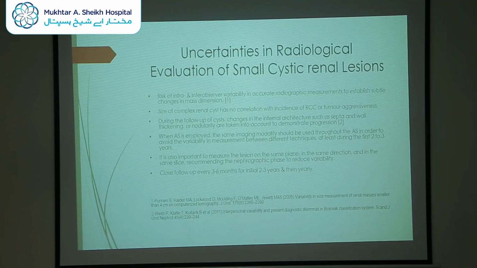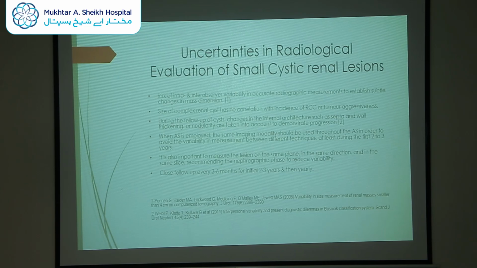Uncertainties in the radiological evaluation of small cystic renal lesions: risk of inter-observer variability in accurate radiographic measurement to establish subtle changes in mass dimension. Size of a complex renal cyst has no correlation with the incidence of renal cell carcinoma or tumor aggressiveness.